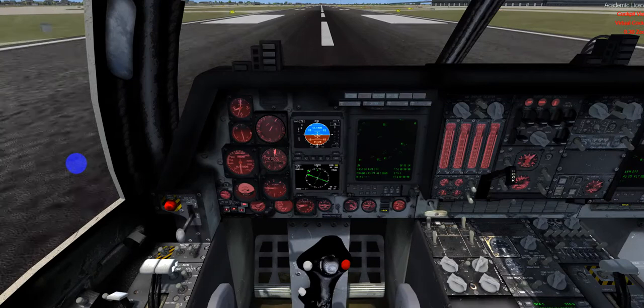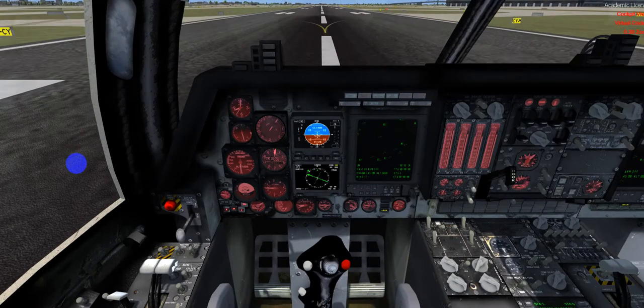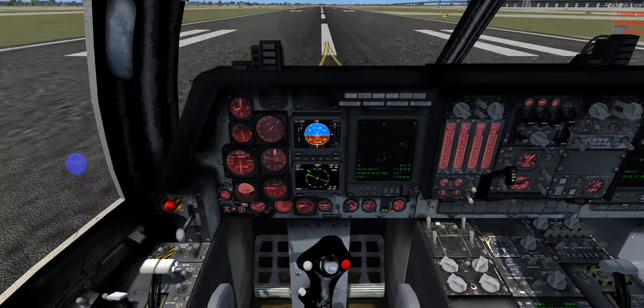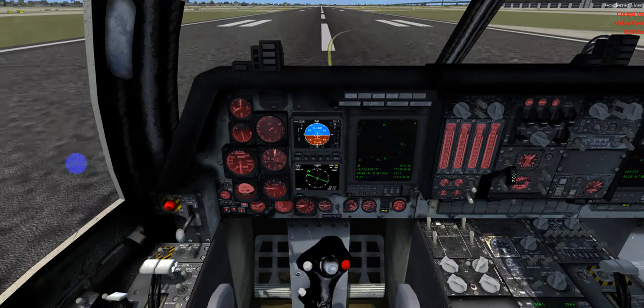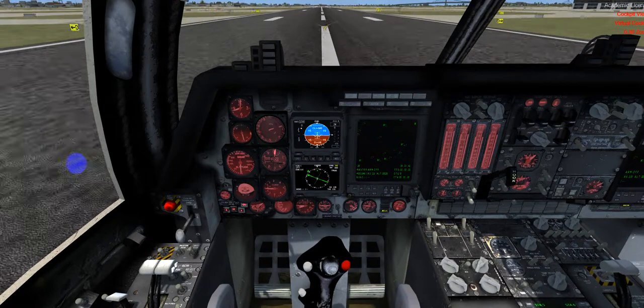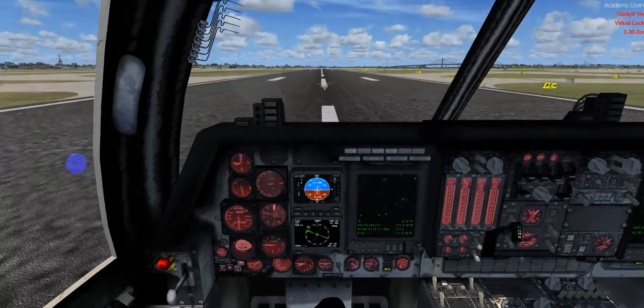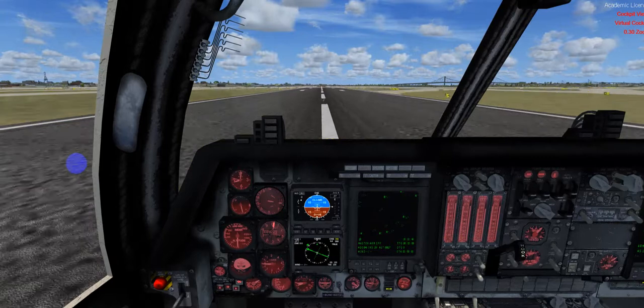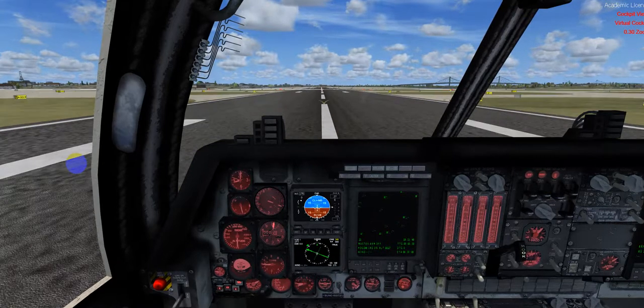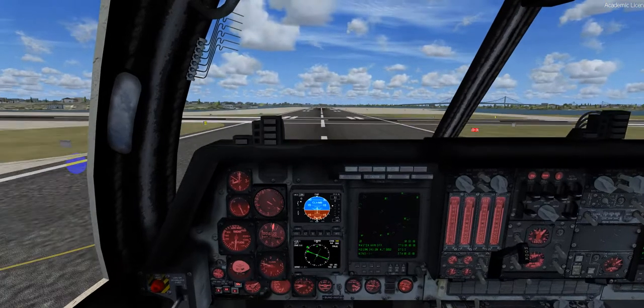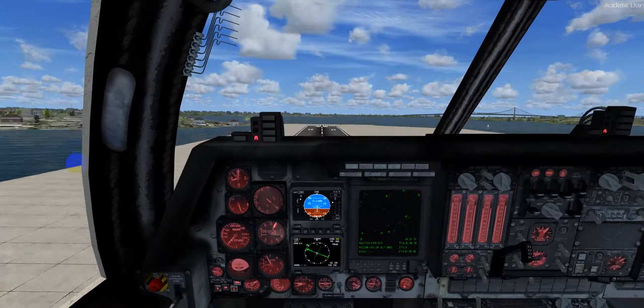Now we have to have a certain amount of speed to break ground, so the airflow has to be flowing over the wings at a certain speed. Once we reach that recommended speed, which is our recommended takeoff speed, we can gently pull back on the nose, which is called rotation.